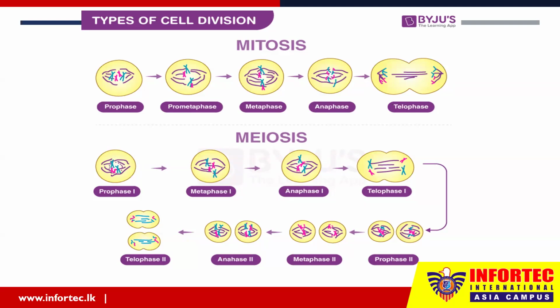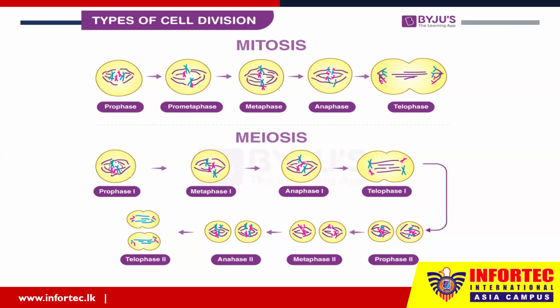Those are the main four phases, because prometaphase, which is in between prophase and metaphase, we are not going to discuss. But you need to remember, in the mitosis process, there are four stages: prophase, metaphase, anaphase, and telophase. So first we will discuss what happens in prophase.